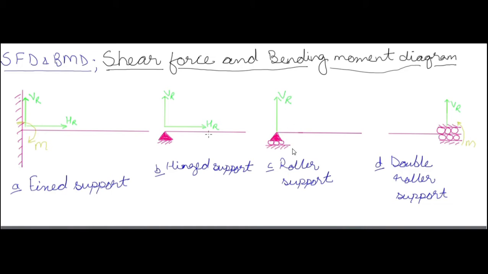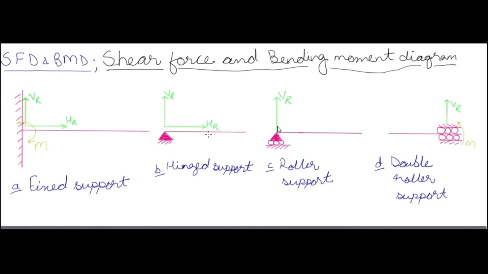We will not have any bending moment due to the hinged part, and we will not have any horizontal reaction due to the roller, because it can move in the horizontal direction, so it will not oppose the horizontal forces. It will give only vertical reaction.